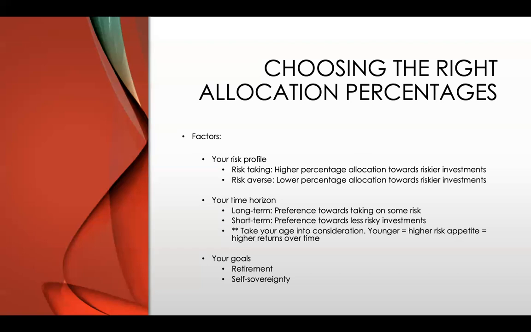Your goals, you think about retirement, you want a certain amount of money to retire with when your career is over. Maybe you want to retire earlier, so you need to factor that into your portfolio allocation. And then also self-sovereignty. With Lutheria, we're trying to help our community members become self-sovereign. And what does that mean?